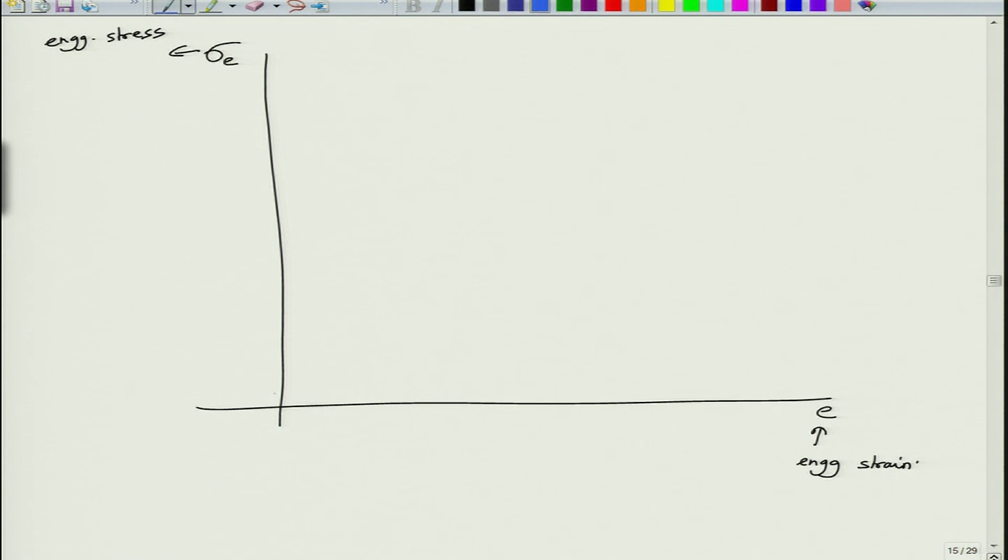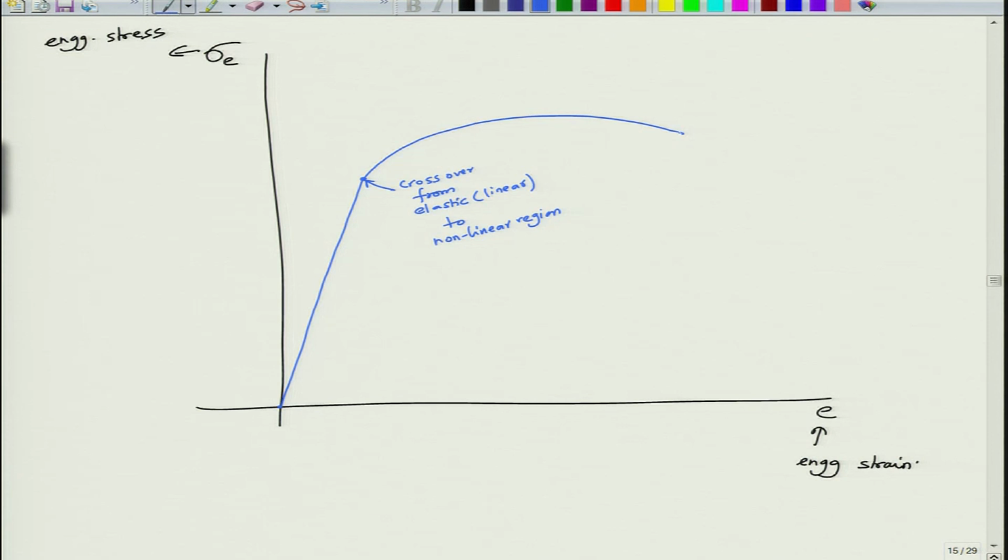In this plot, when you start loading it, it follows elastic behavior up to a certain point, and at this point the material crosses over from the elastic linear to the non-linear region, before the material comes down sometimes.